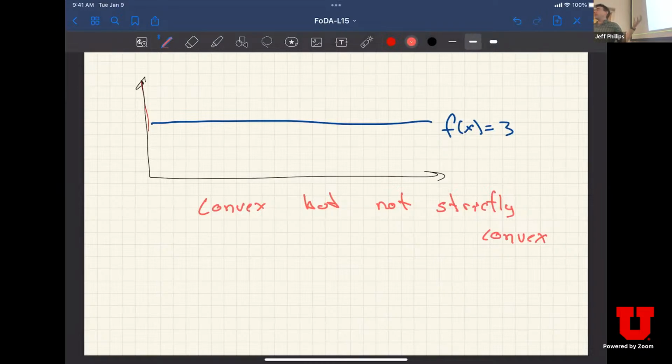Again, this is a simple illustration, but like that half pipe example, that function is not going to be strictly convex either, because I can pick those two points on the half pipe.